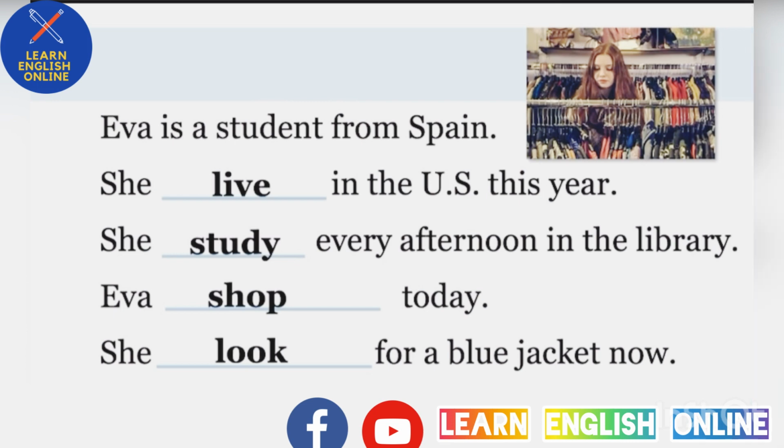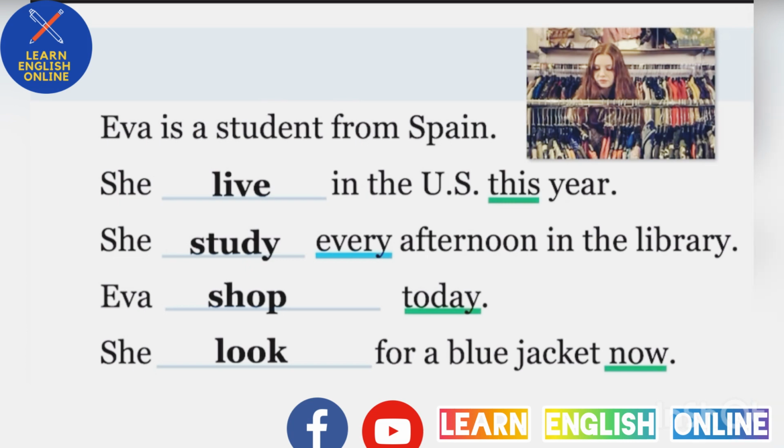Well, sometimes we can look at the picture, and sometimes the other words in the sentences help us. Here, there are signal words. Let's look. This, every, today, and now. These signal words tell us how we should change the verbs.